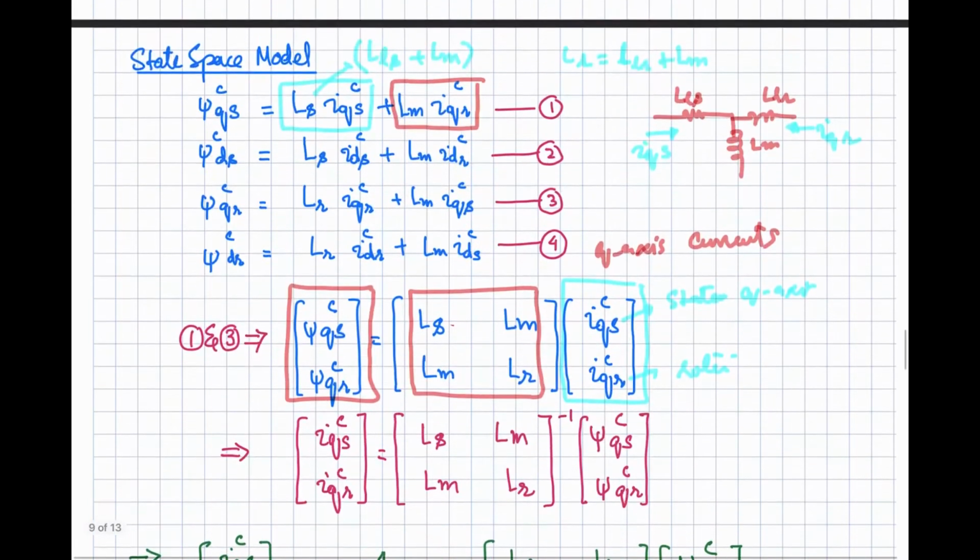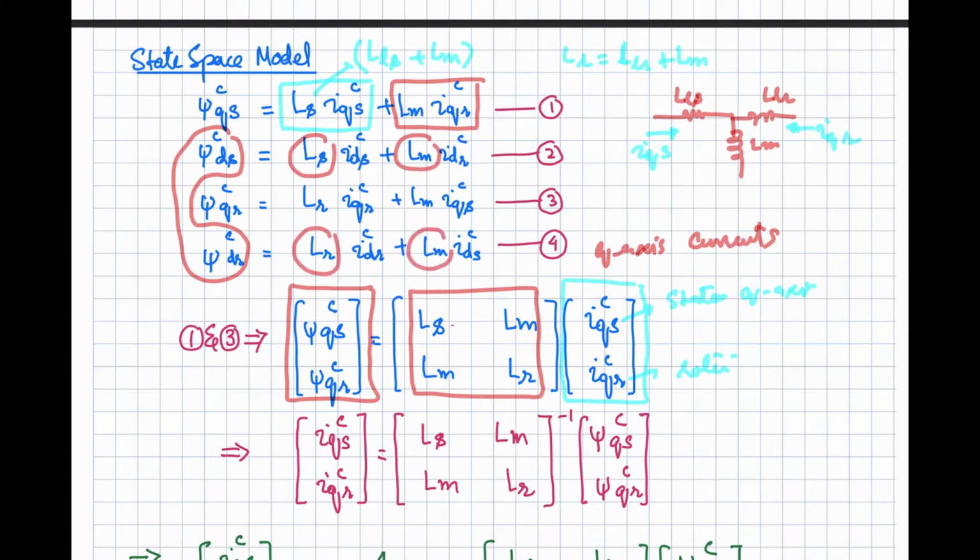Similarly, if I consider equations 2 and 4, I can write down the d-axis stator and rotor flux linkages in matrix equation form. For that we will have Ls, Lm, Lr and Lm on one side, and on the other side we will have IDS and IDR.